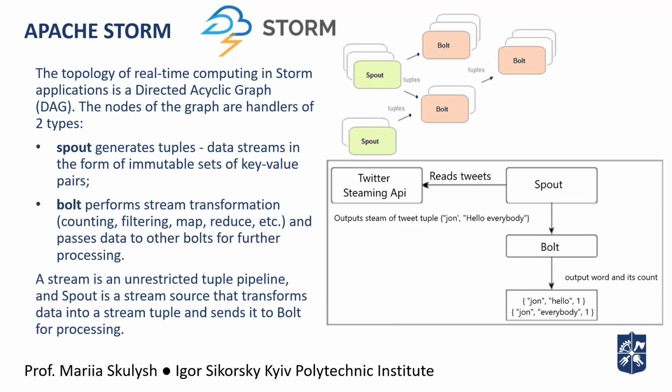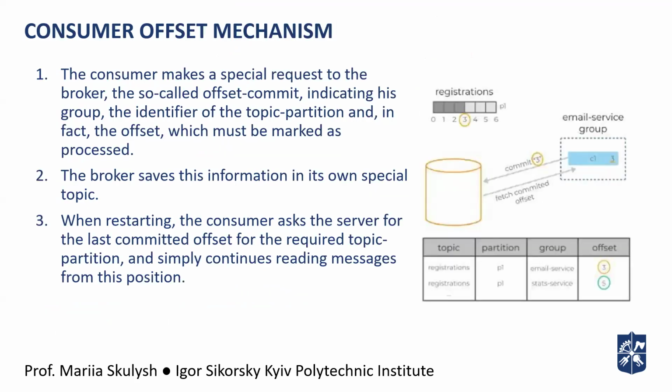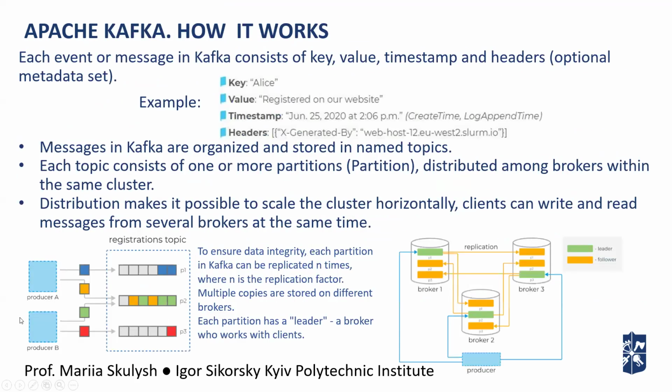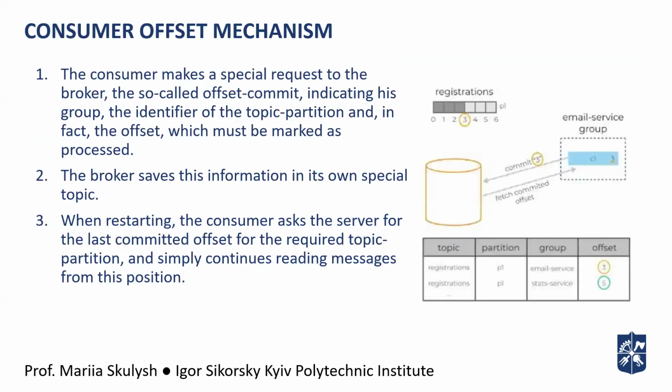You see the difference, because when we talked about these partitions, it was already understandable information, some block of information which has to be processed. So Apache Storm is used before Kafka.